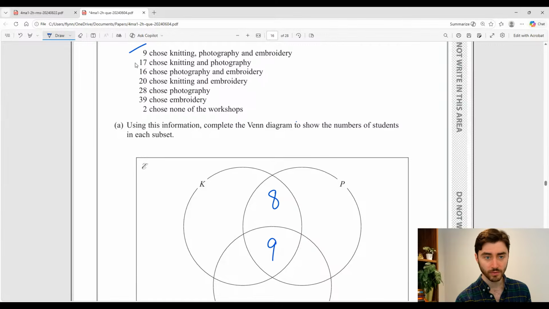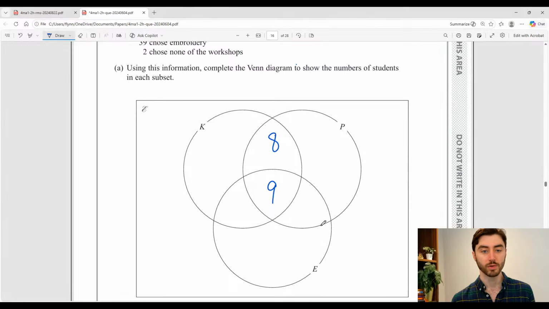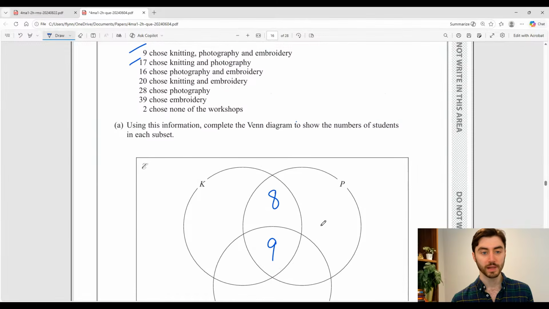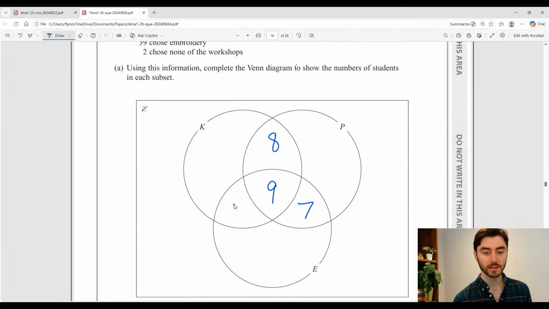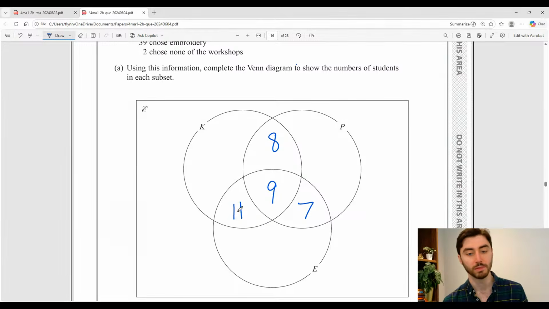And I'm going to tick them off to say that I've made use of that information because there's a lot to do here. So 16 are photography and embroidery. 9 have already been placed, which means there's 7 left to place in that region. 20 chose knitting and embroidery, and 9 have already been placed. So there's 11 left to place in there.